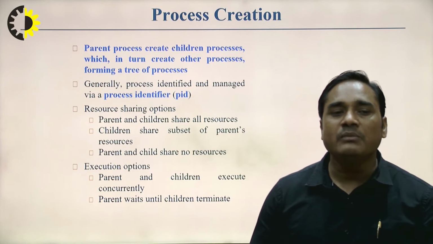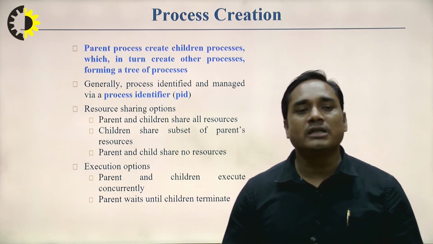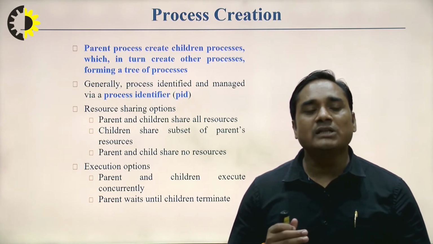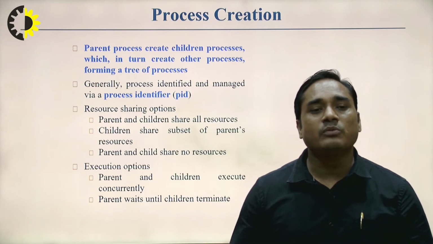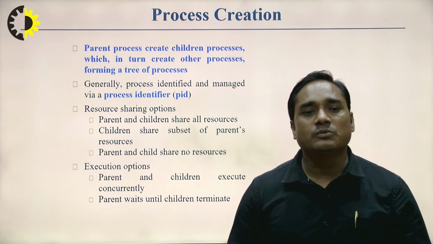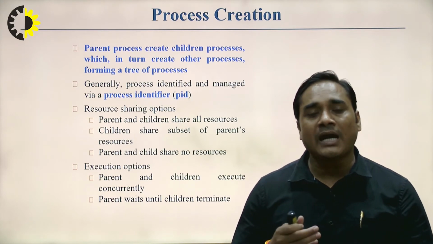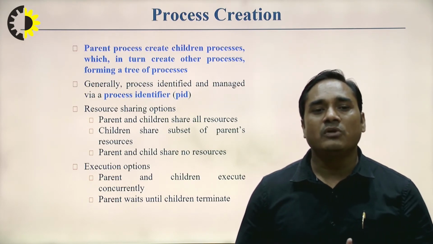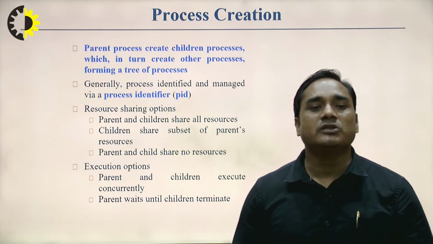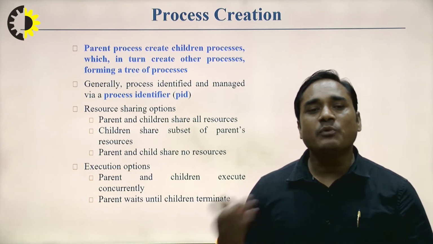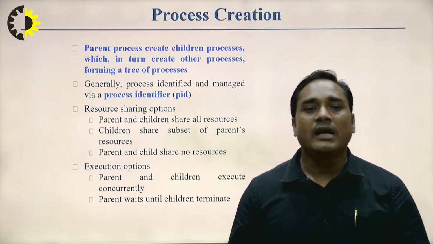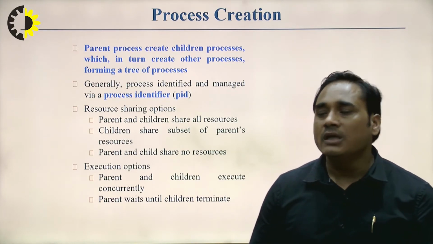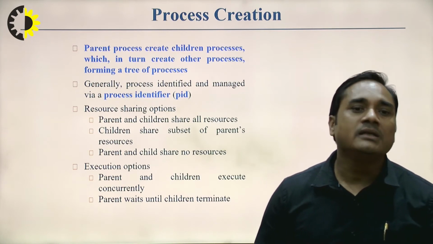A child can share resources with the parent processes above it. If they are in a subset form, then they can share resources. Otherwise, one parent process cannot share resources with another parent process, because they are in different states.